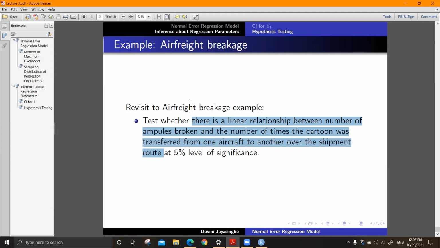I just copy pasted this thing here so you can simply say there exists or there is. You can simply repeat this just because we accepted H1. If we accepted H0, you just have to say no: there is no linear relationship, up to here. Okay, so I hope this is understood, and this is the end of today's lecture.